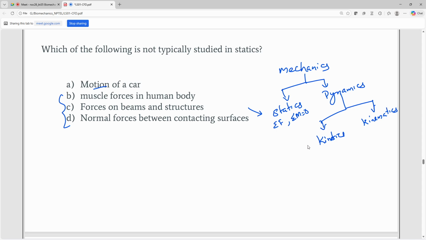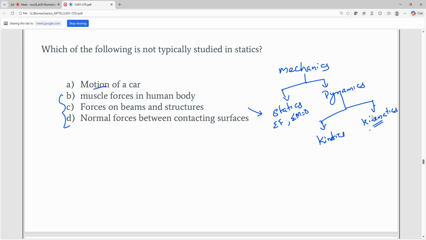We said there is forward kinematics and inverse kinematics. These are two branches of dynamics where we study the motion. If we are not considering the forces, and only considering the movements, rotation or translation, then such study is called kinematics.